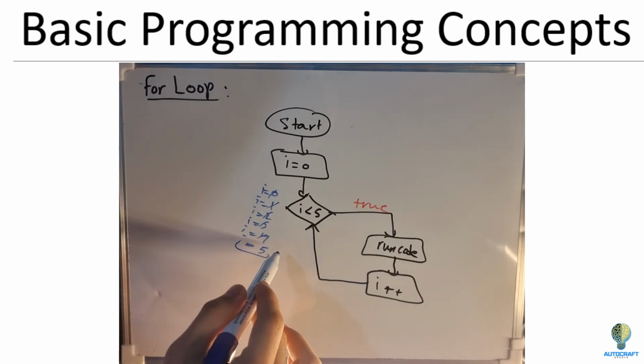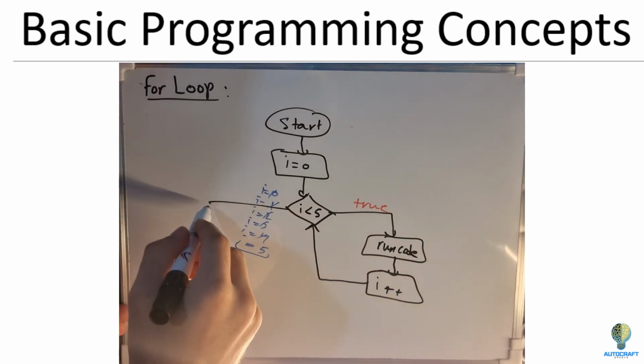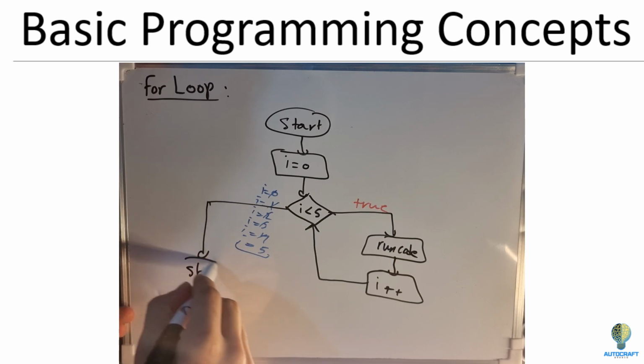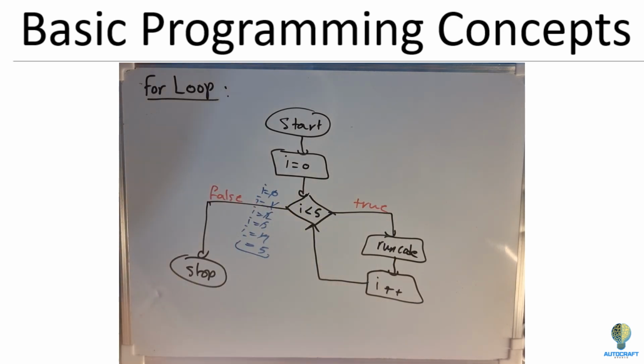For I equal 5, the condition is false. 5 is equal to 5, not less than 5, so false. We will stop running the code. And this is how the for loop works.